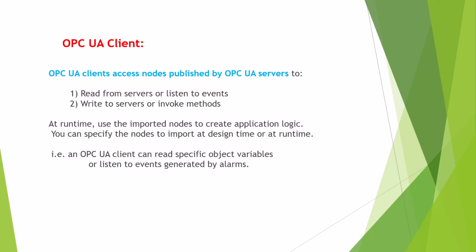You can specify the node to import at design time or at runtime. For example, an OPC UA client can read a specific object variable or listen to events generated by an alarm. So, a specific object variable. Okay.